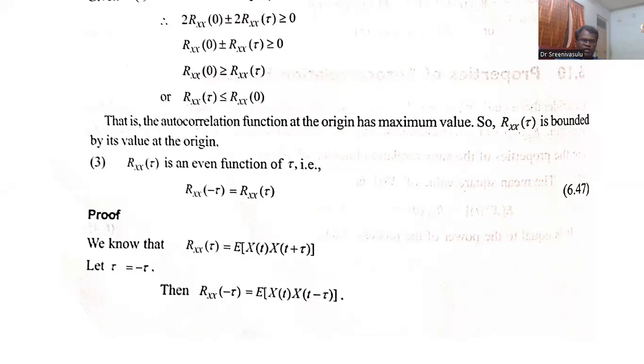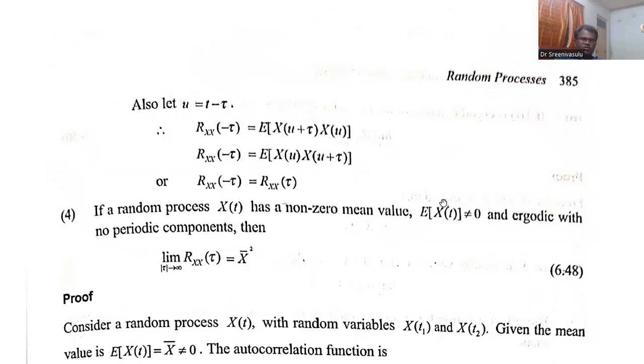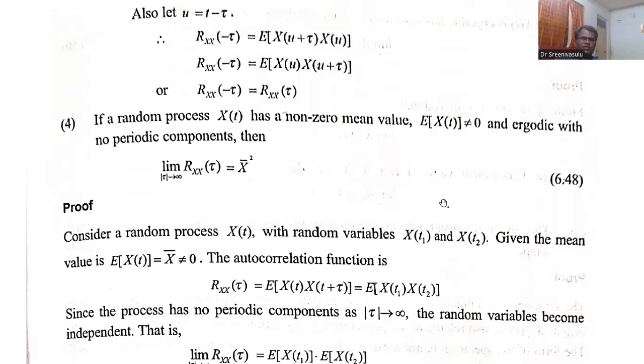So Rxx of minus tau, expected value of x of t, there is no change because there is no tau there. And wherever you have a tau, the tau is replaced with minus tau. After replacing, the t minus tau is going to be replaced with some other variable, u.